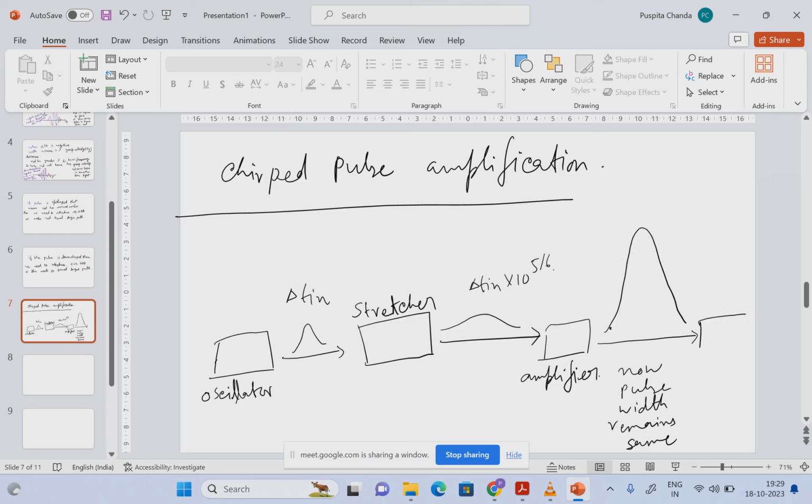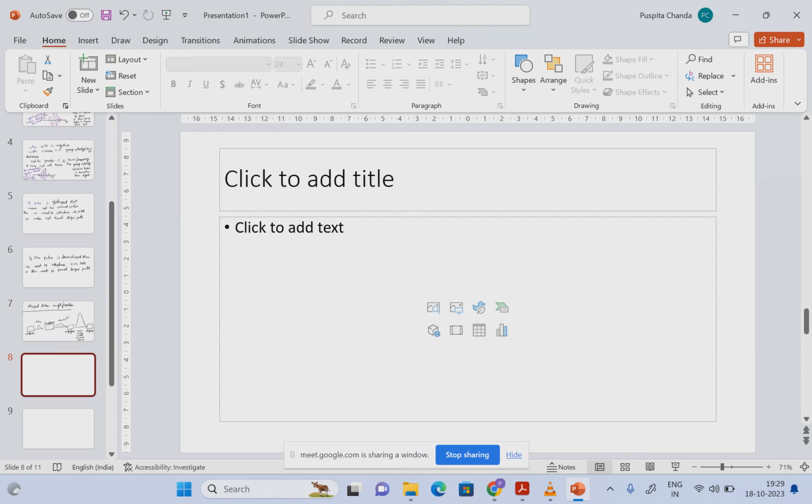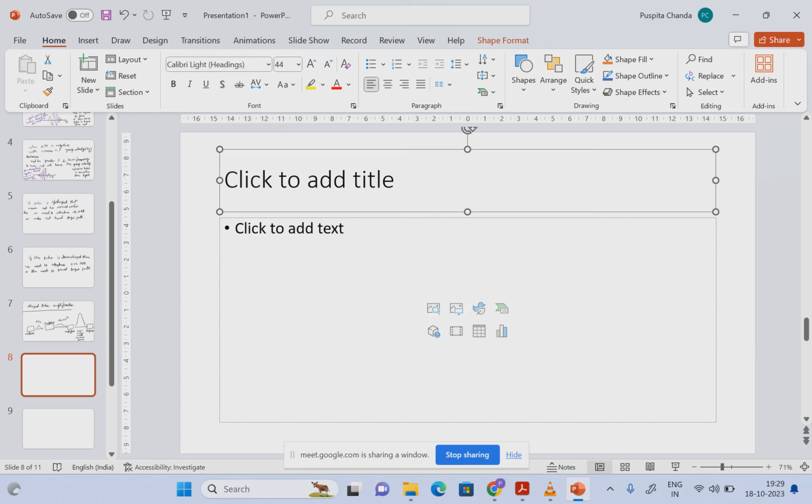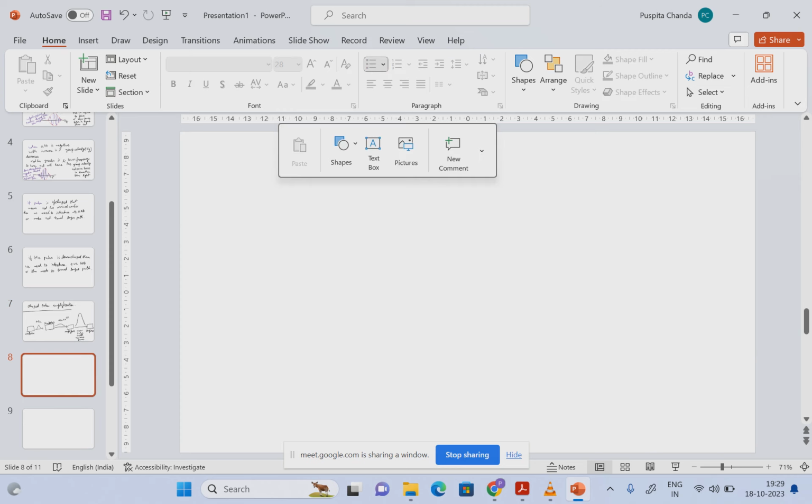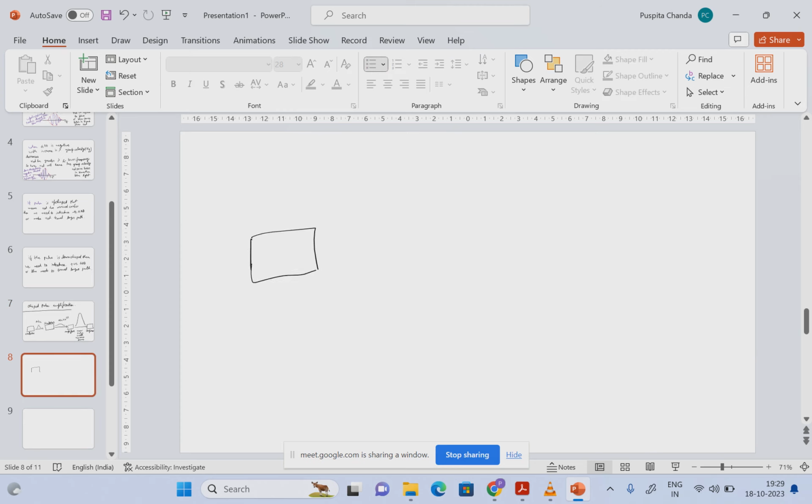Then it is fed into a compressor. After the compressor, the pulse width comes back to delta t in.